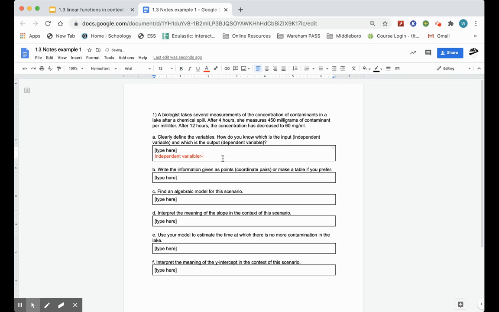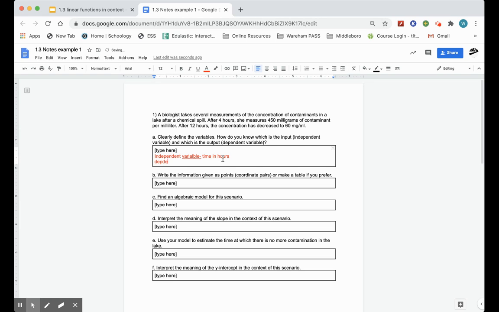And that's in hours. And our dependent variable, sorry about the typo, is the milligrams of contaminant.